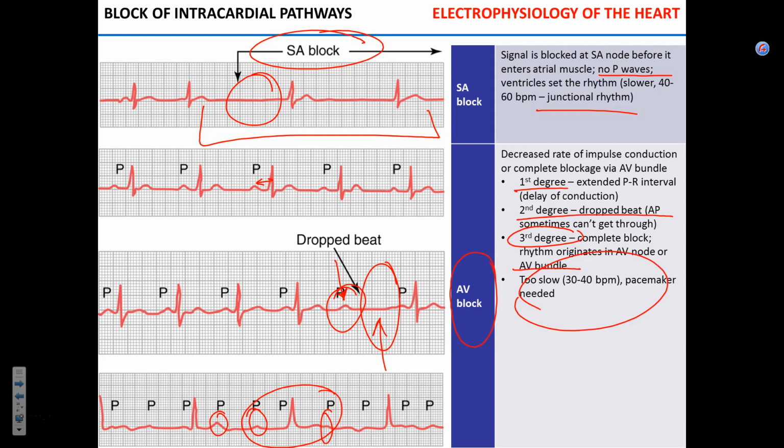And the top half of your heart is working completely separate from the bottom half.